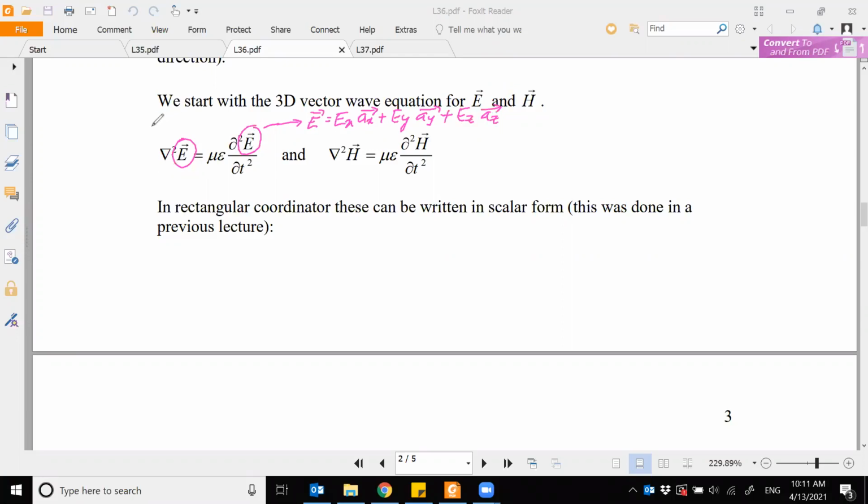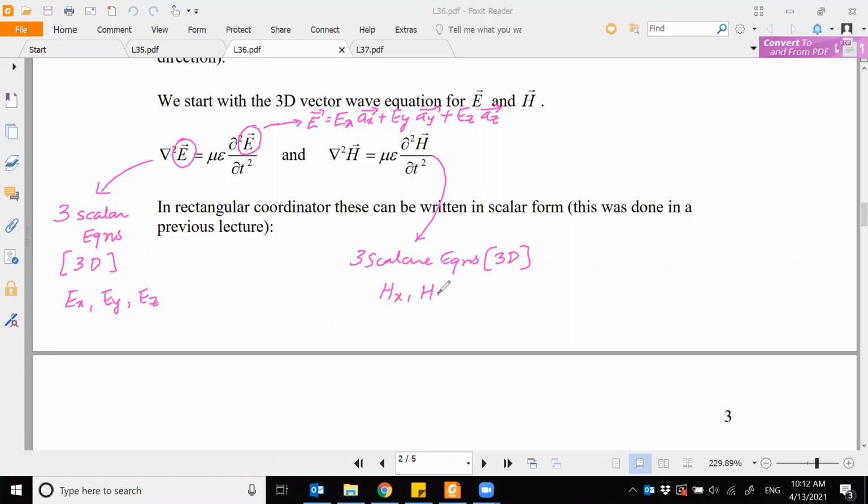So from this 3D vector wave equation, we got three scalar equations, and they are all 3D. One is for Ex, one is for Ey, one is for Ez. Here also, we did the same thing. We got three scalar equations, they are all 3D, even including the time, where we have Hx, Hy and Hz. So total 6 we got.